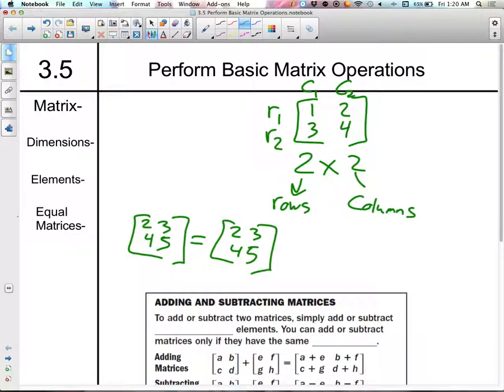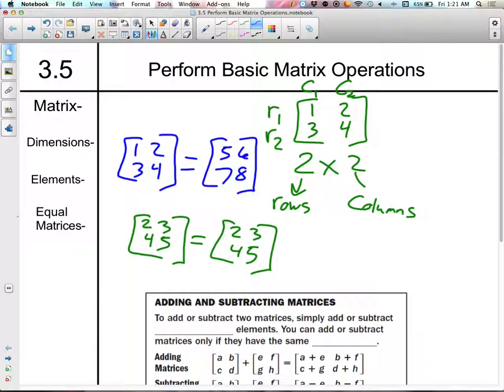They have the same amount of rows and columns, and the elements are the same. If you had matrix 1, 2, 3, 4 equal to 5, 6, 7, 8, this would not be true. They are not equal because they have the same dimensions, but the elements are different. All right, so that's your basics of what a matrix is.